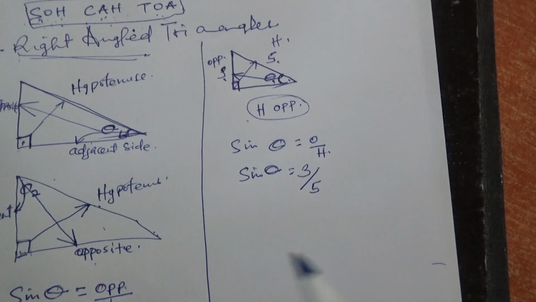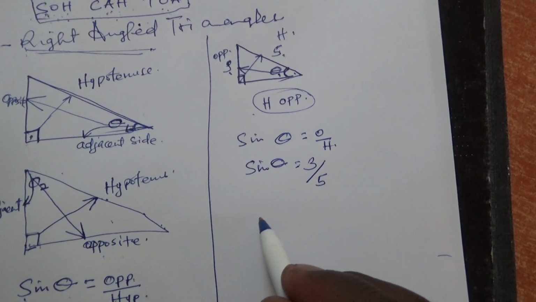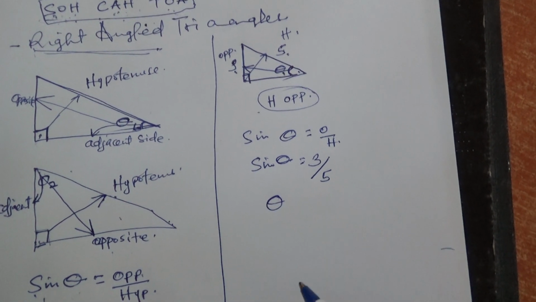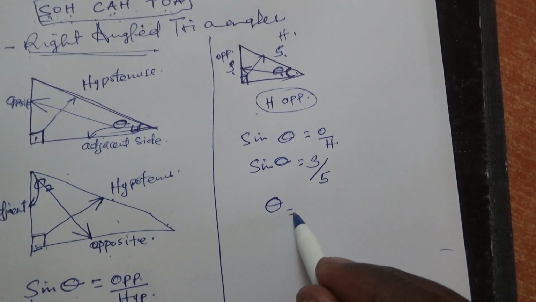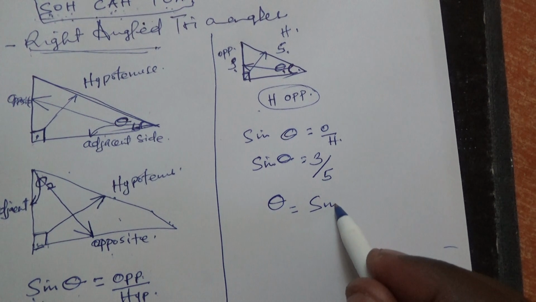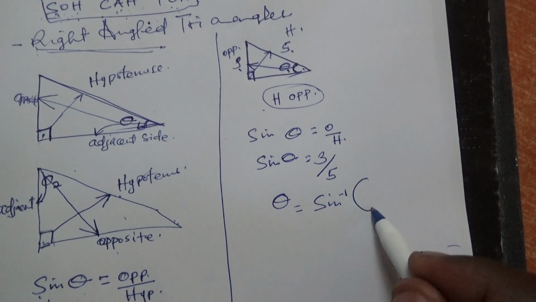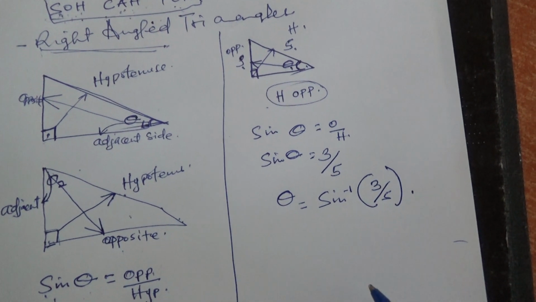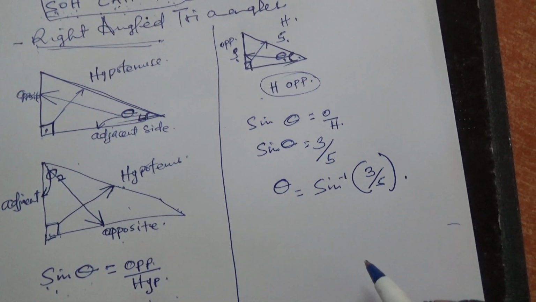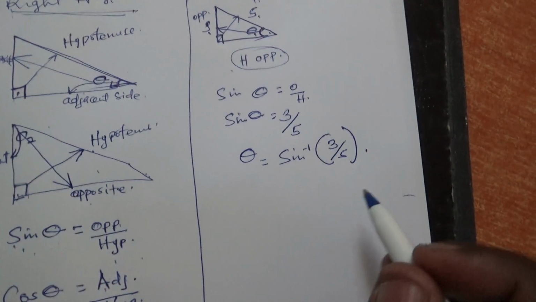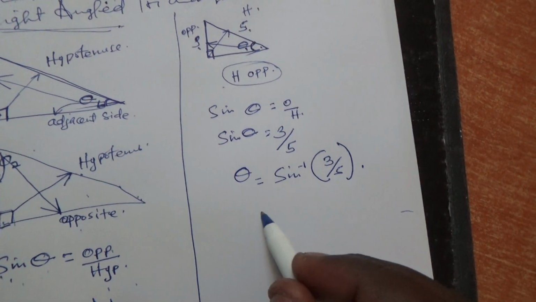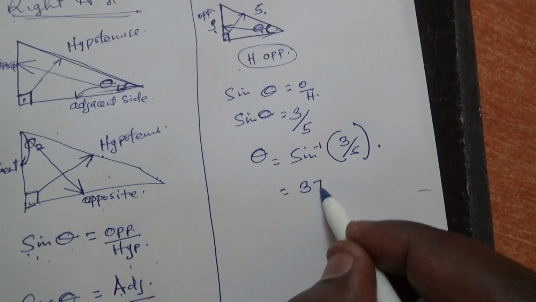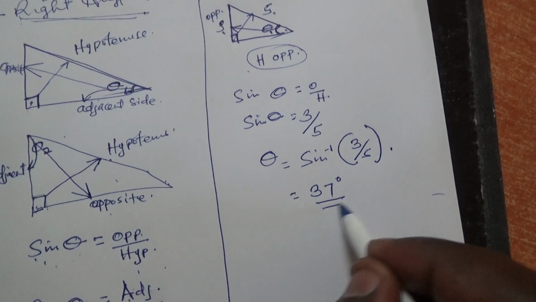You're going to realize that theta alone is going to be the sine inverse of 3 over 5, and that is going to be 37 degrees.